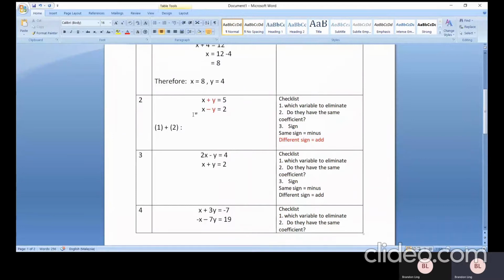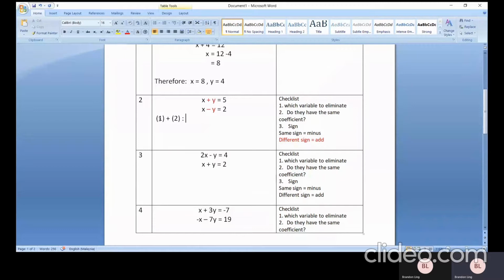Here you have plus y plus minus y. So therefore, you are actually getting y minus y, which is equals to 0. So in this case, we can actually ignore the value of y now. We just look at the x and also the number.